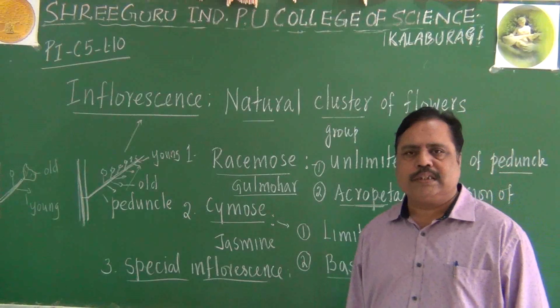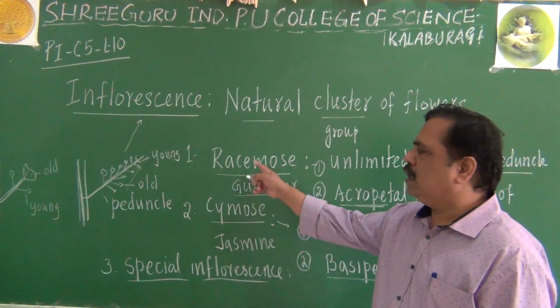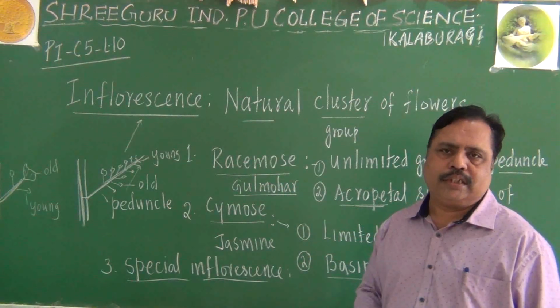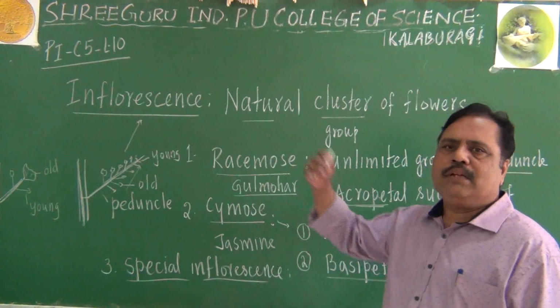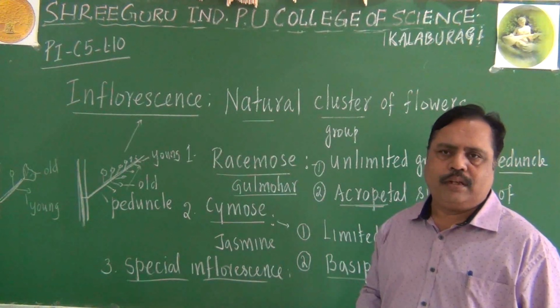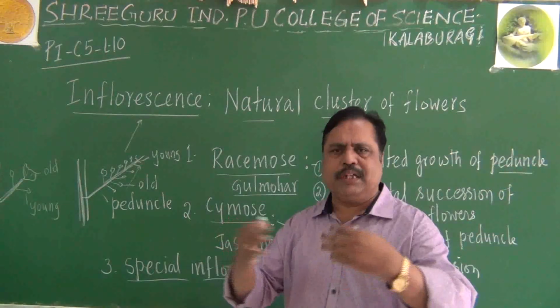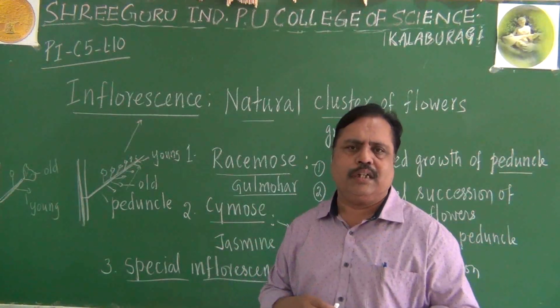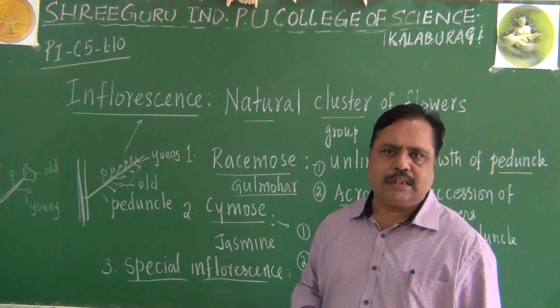Special inflorescence means they neither follow the cymose nor the racemose condition. They will not have limited growth but will have acropetal succession, or they will have unlimited growth but basipetal succession, something like that. A mixed condition will be there. Such a condition is called special inflorescence.